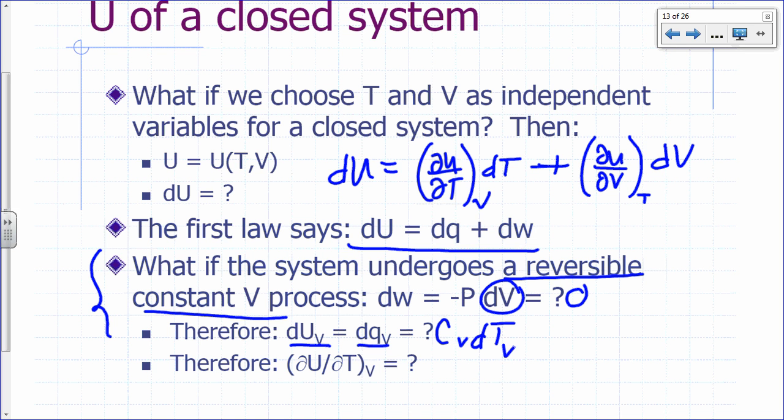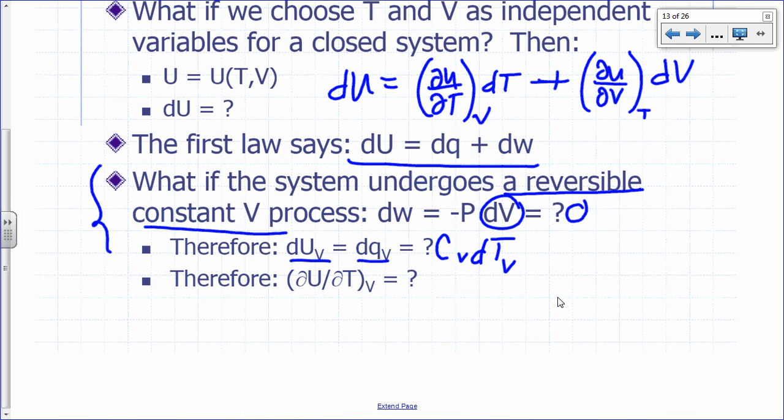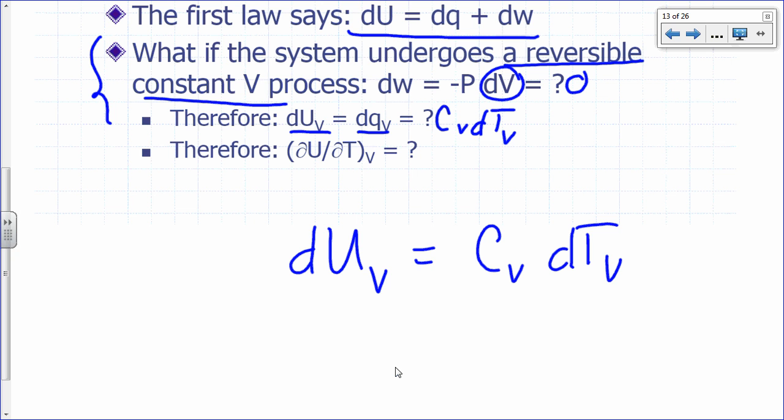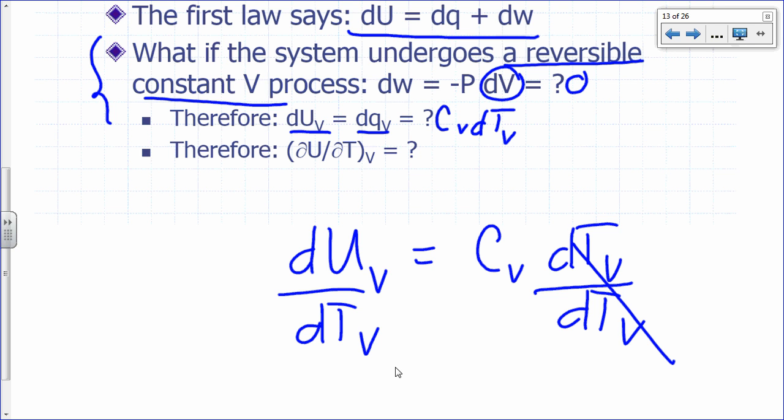So this is dT at constant volume. Let's rearrange this. Here, dU at constant volume is equal to Cv times dT at constant volume. Okay. So if I divide both sides by dT at constant volume, what do I get? Cv, right?